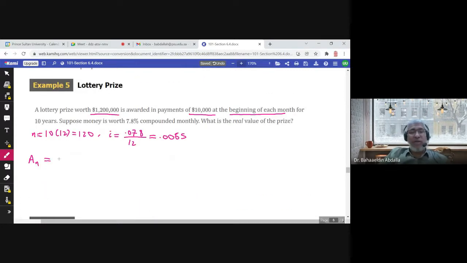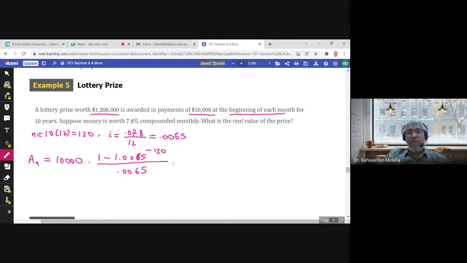So A_n is R, which is 10,000, times (1 minus 1.0065 to the power of negative n) over 0.0065.